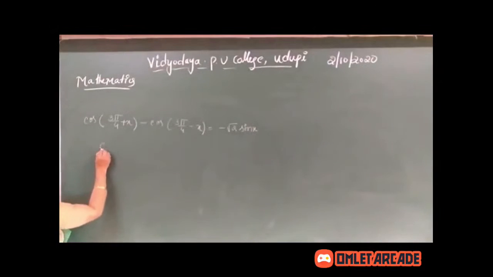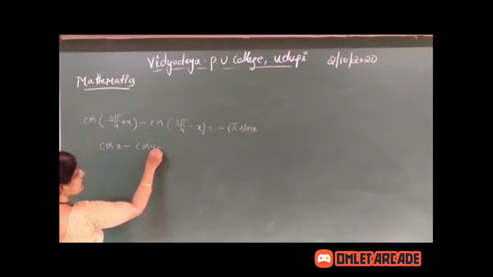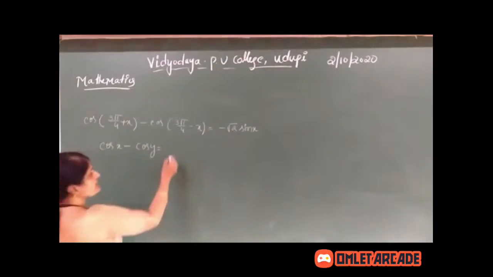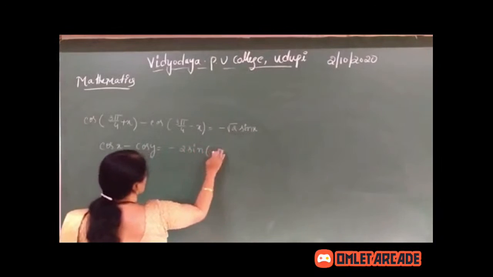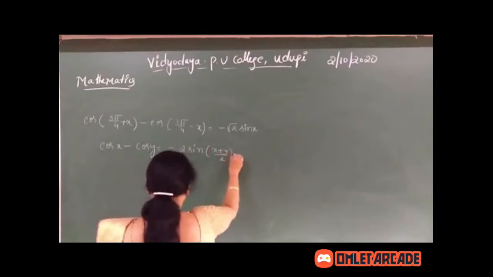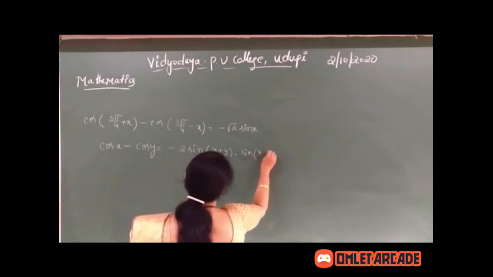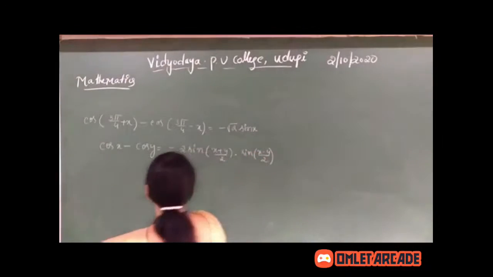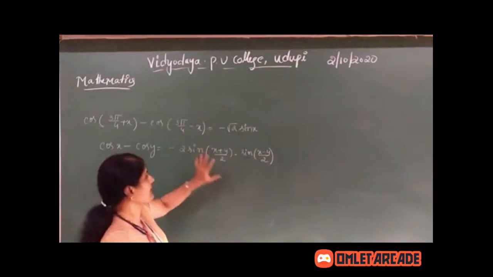So let me write that first. In general, cos x minus cos y. We are subtracting this. It is minus 2 sin of x plus y by 2 into sin of x minus y by 2. This is the formula. Now, x is 3 pi by 4 plus x and y is 3 pi by 4 minus x.